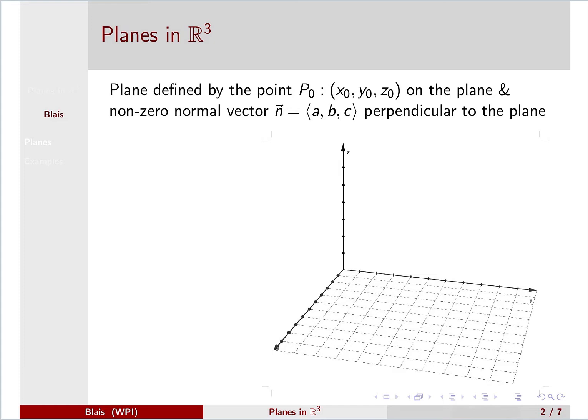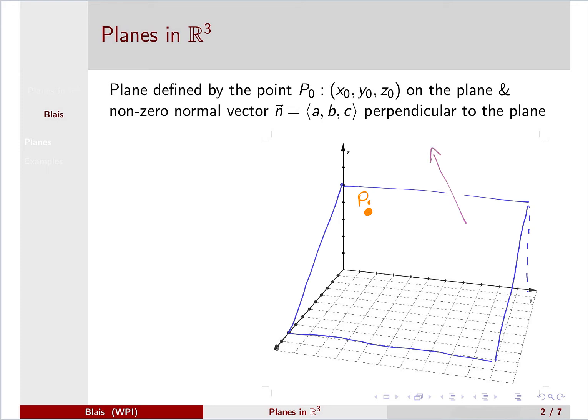So if we draw a picture of what a plane looks like, something like this, hopefully we can see that if you have a point, we're calling it P naught, on the plane, and you also have this vector that is perpendicular to the plane, which we're calling n, these two things together define a plane.